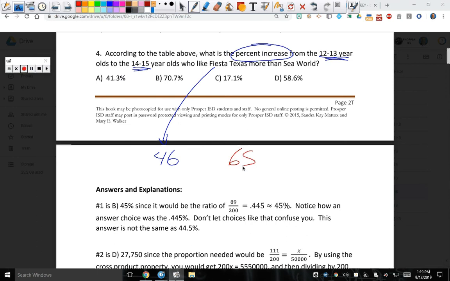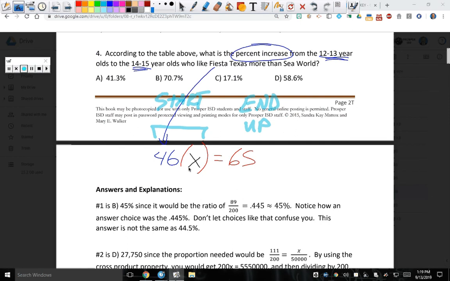65. Now, what I'm about to show you is big, okay? A lot of people, the way they set this up can be easy or difficult to understand. The way that I kind of see it is this is where I'm starting, and this is what I'm going to end up with. So I'm going to need to multiply 46 by something to get it to 65.